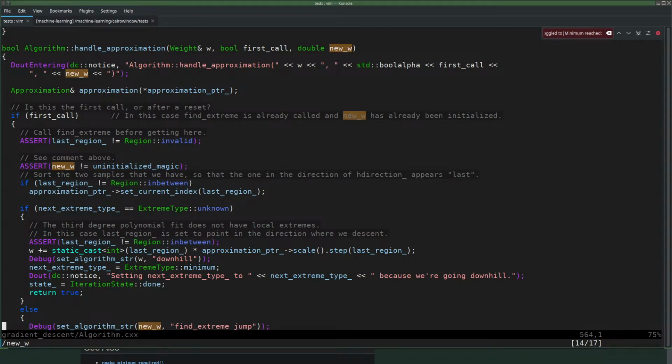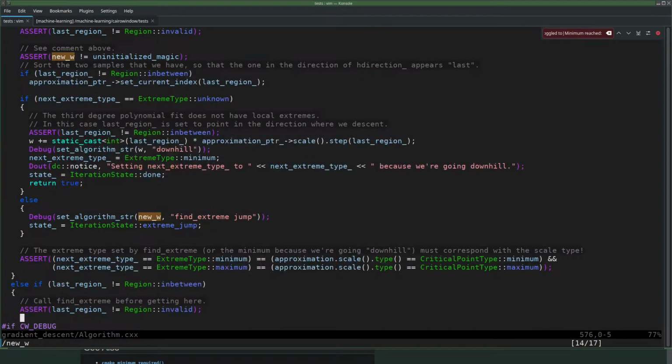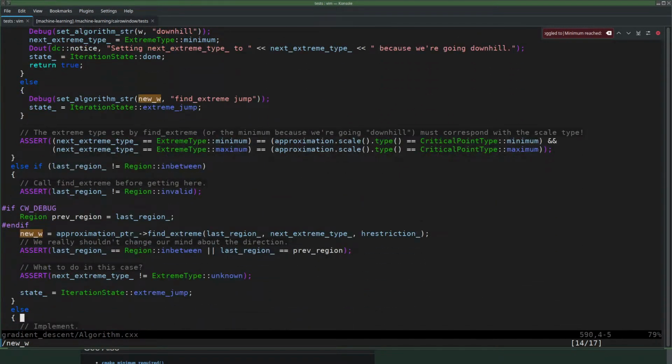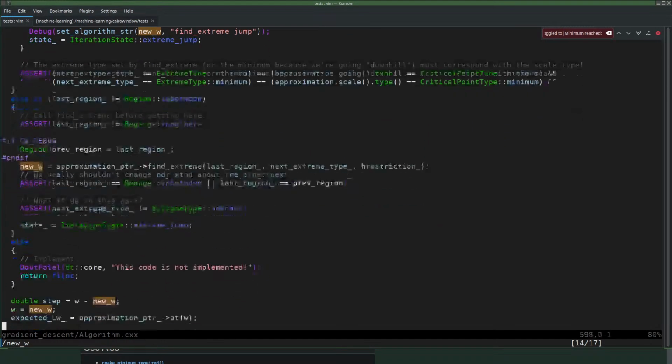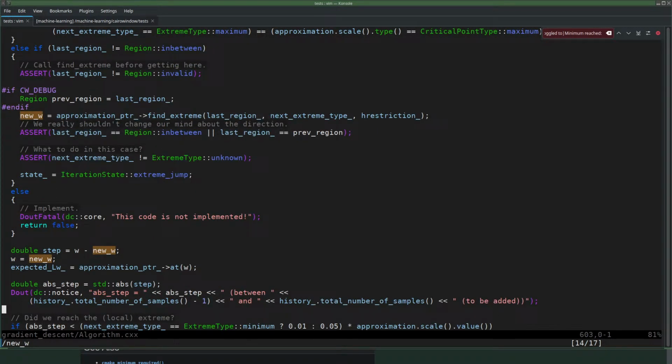Well, yes, still inside this block here. On here it's initialized by something else. You know, at this point it should always be initialized. I think then we finally have an assert that can go wrong.